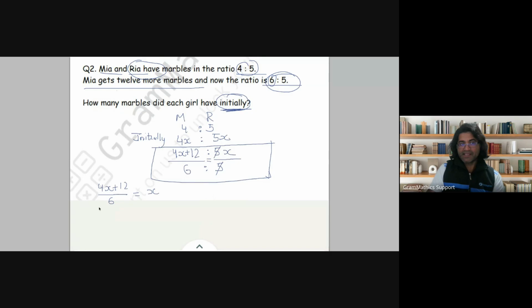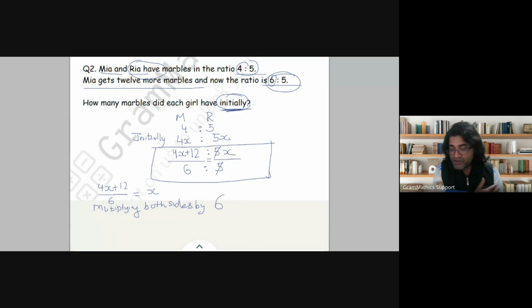Now multiplying both sides by 6 so that I am fair to both sides. So why am I doing it by 6? Because my denominator is 6. I want to get rid of my denominator to make my algebraic equation easier to solve.